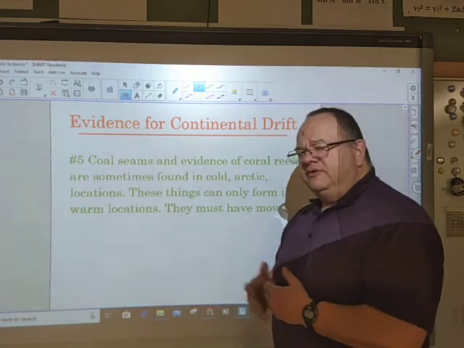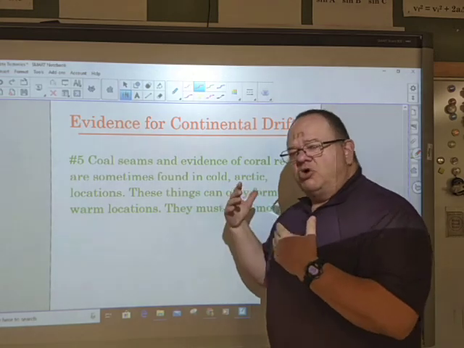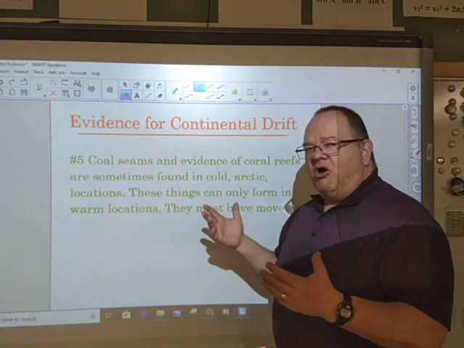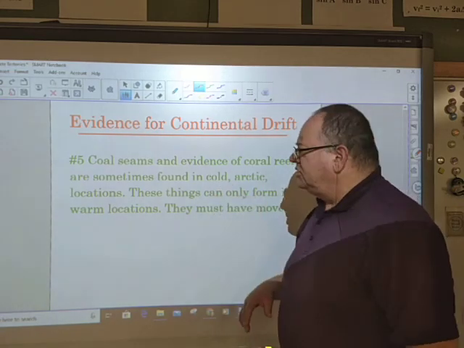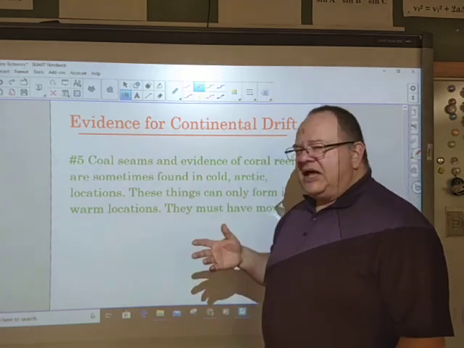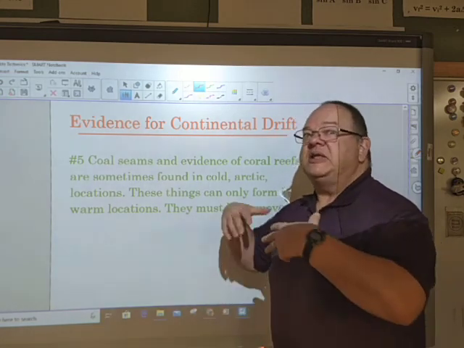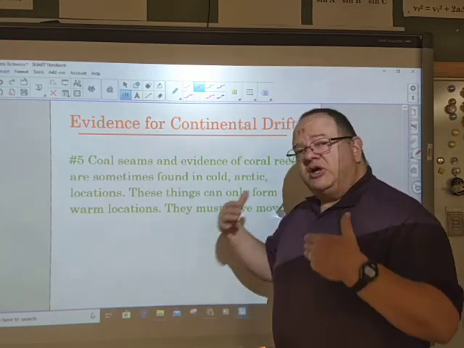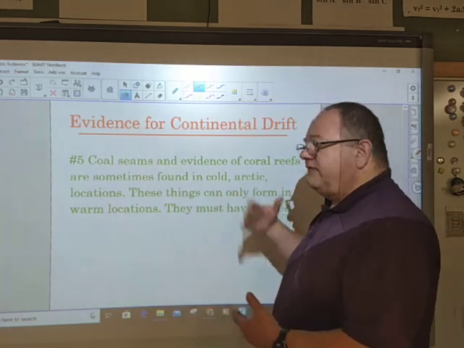Coral reefs only form in warm climates. So when you find coral fossils, maybe off of, say, the coast of Alaska, you say, that doesn't match. So Alaska would have had to have been substantially warmer. Now, Alaska's too far north to be that much warmer, so the question would be, was it at some point in time further south?